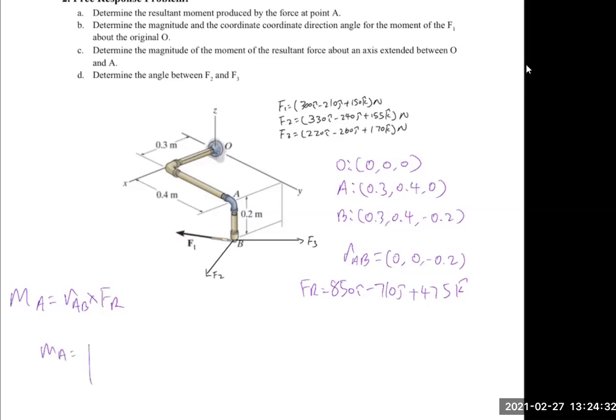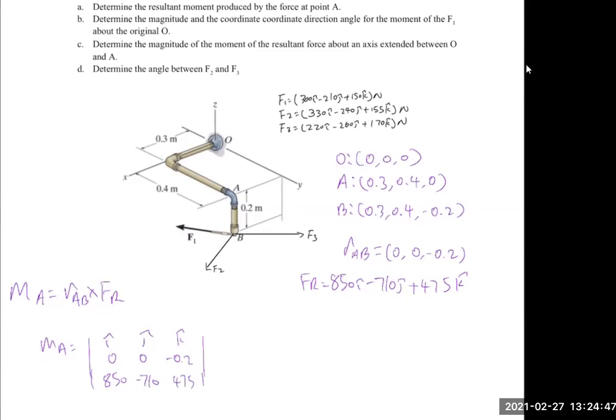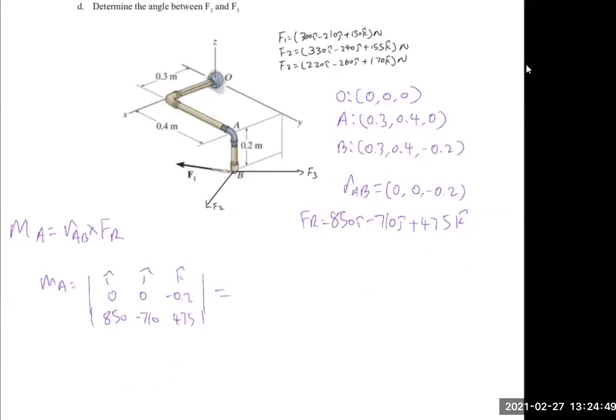MA equal to the determinant of I, J, K; RAB: 0, 0, negative 0.2; FR: 850, negative 710, 475. All right, I'm going to write it out.